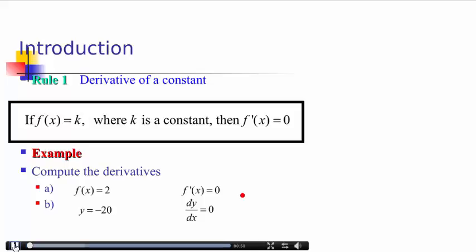And when we differentiate that particular function, we should get a 0 because the rule says that if f(x) is equal to k, where k is a constant, then f'(x) is equal to 0. Is this rule clear? It seems to be easy, right? We all know that when we differentiate a constant, we get 0.